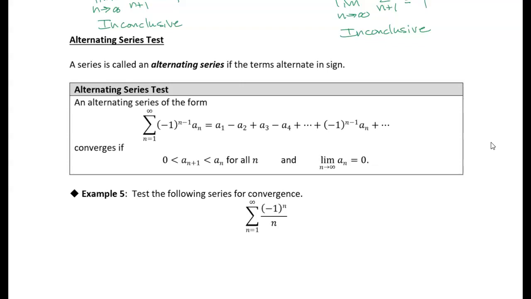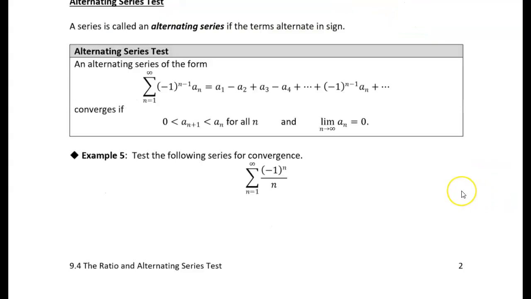And if it's an alternating series, if it has this (-1) to some power, so every other term is the opposite sign, then if the limit of a_n as n goes to infinity is 0, then it converges.